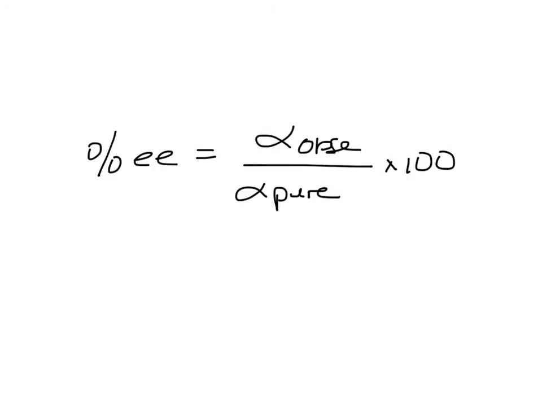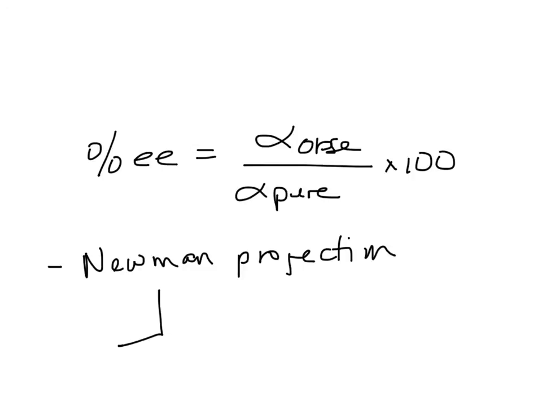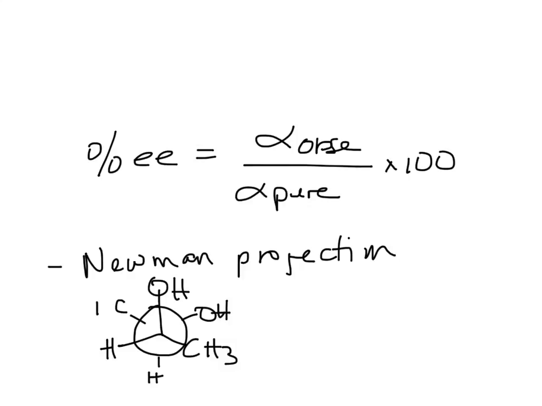One more side note, and this might help clarify the homework. In the homework, I gave you a Newman projection. When you draw Newman projections, they are stereoisomers.